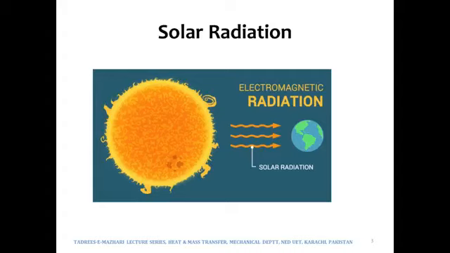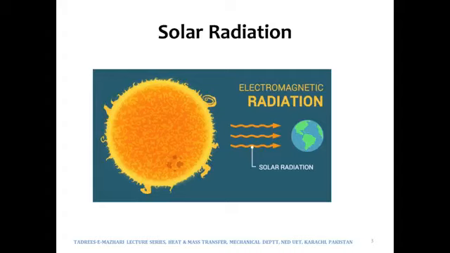As discussed before in chapter number 1, radiation heat transfer is a phenomenon which takes place due to electromagnetic radiation, and electromagnetic radiations are those that do not require any medium to travel, so they can even pass through vacuum. The sun is not the only object which emits radiation.